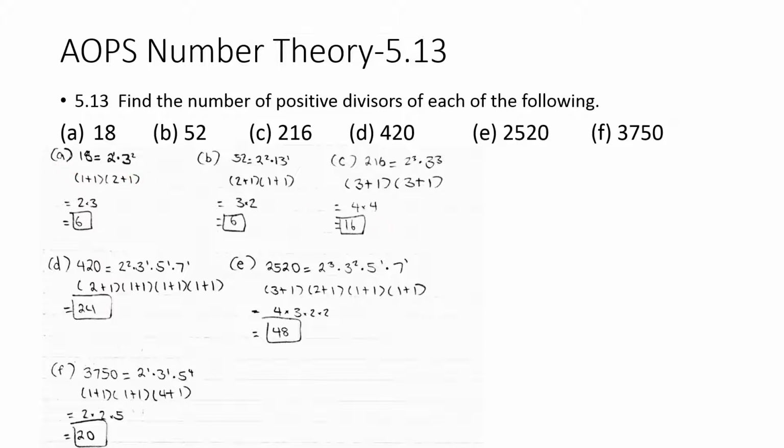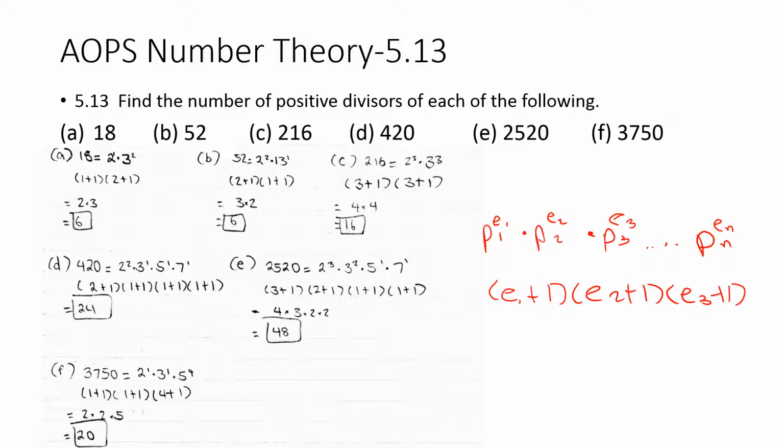The formula for the number of positive divisors for any number is: if the prime factorization is prime 1 to the power of e1 times prime 2 to the power of e2 times prime 3 to the power of e3, and so on to prime n to the power of en, then the number of positive divisors would be (e1 plus 1) times (e2 plus 1) times (e3 plus 1), etc.